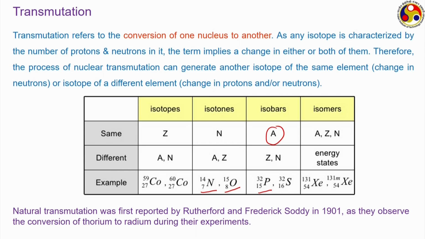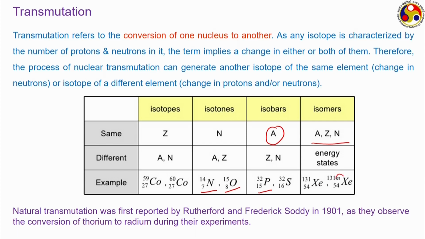Isomer basically refers to the isotope of the same element, two different isotopes. In fact, I should not call them two different isotopes, because they have the same number of protons and neutrons, giving identical values of atomic number and mass number, however their energy states are different. Like here we have examples of two different xenon isotopes, both having a mass number of 131 and atomic number of 54.